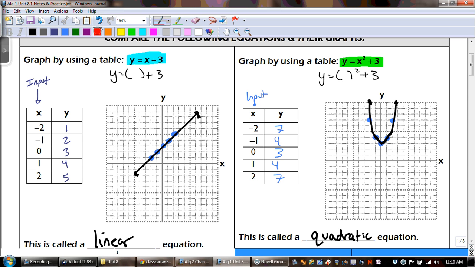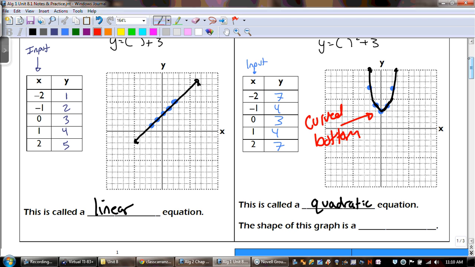I'm going to write myself a little note that it has a curved bottom. It's not called linear because it doesn't make the shape of a line. This is a graph of what's called a parabola. Using the word parabola means you're going to have a graph that looks just like that.